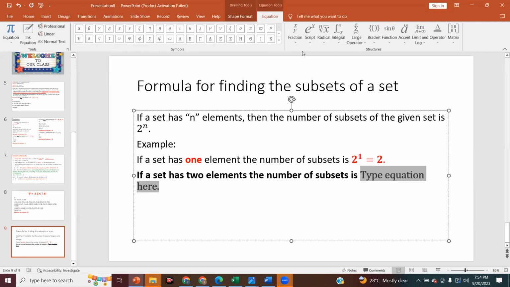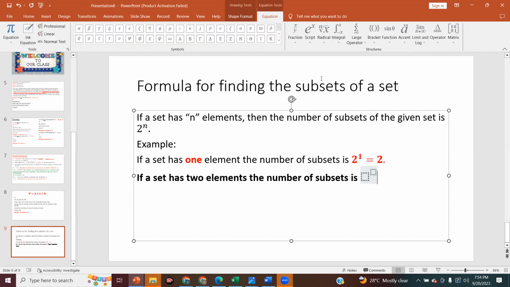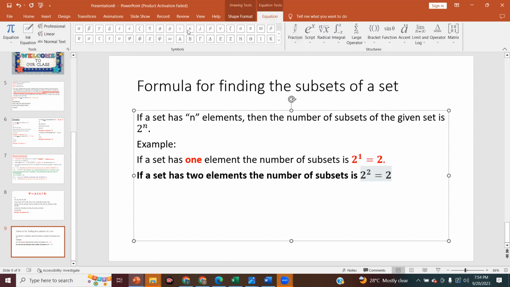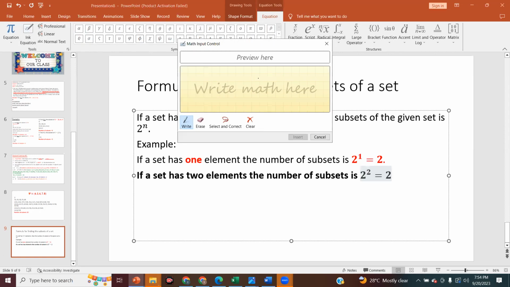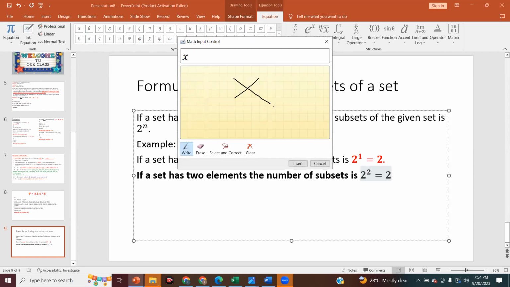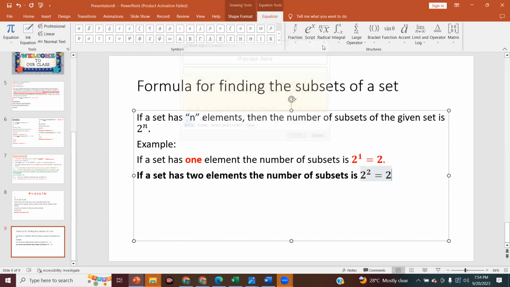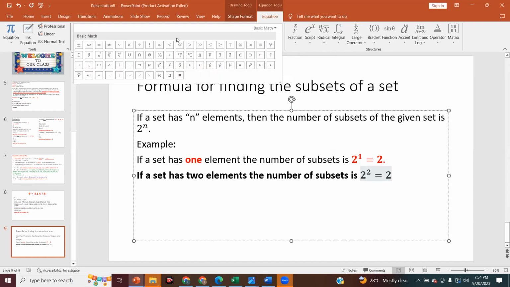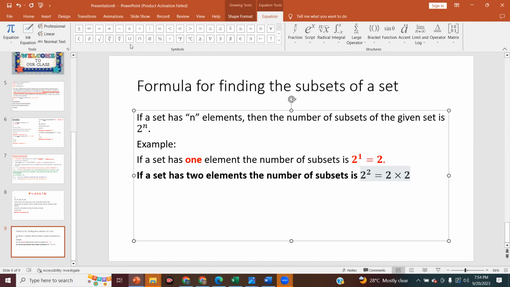So it's going to be 2 times 2, which is 4.